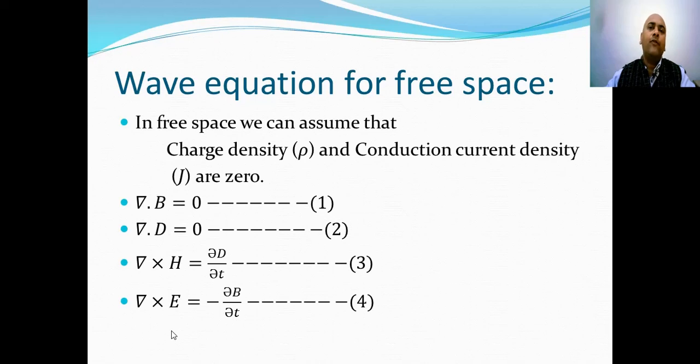And by using Faraday's law, we know that curl of E is equal to minus ∂B/∂t. Now our basic aim is to calculate the strength of electric field or magnetic field at various locations in space.